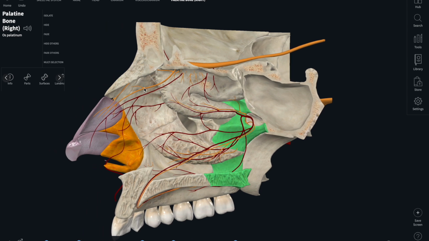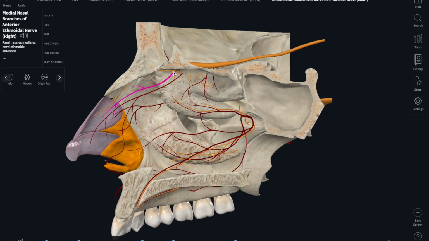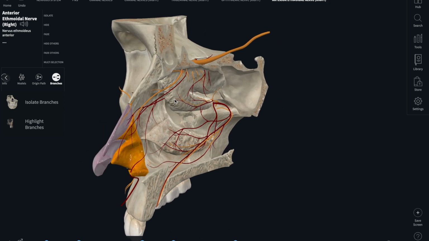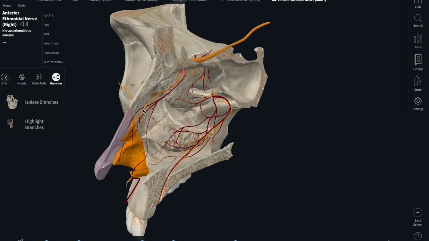So that'll be up here, or up here, technically. Anterior ethmoidal nerve, and then these little branches we won't worry about. But that actually supplies the lateral and the medial wall. So anteriorly, it's the anterior ethmoidal nerve, both laterally and medially.